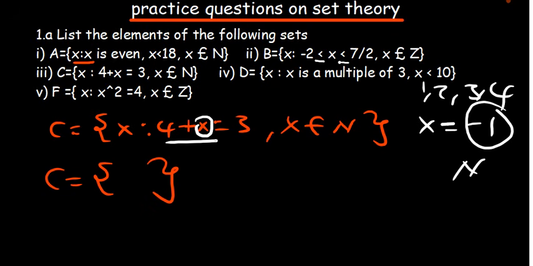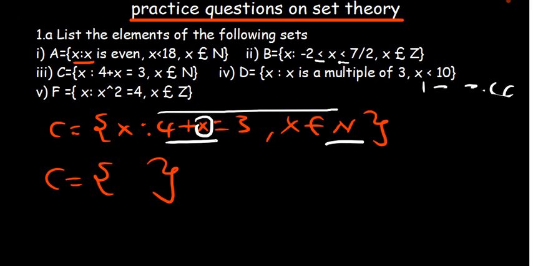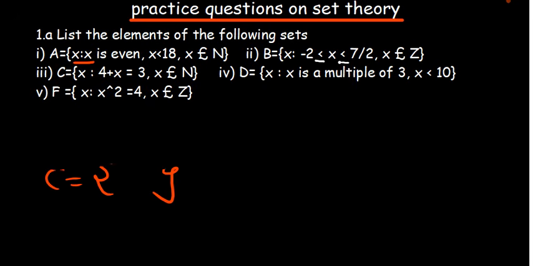Unless I said integers, because -1 qualifies to be an integer, a rational number, and a real number. If you are confused about the sets of numbers, check out the tutorial appearing there on top.